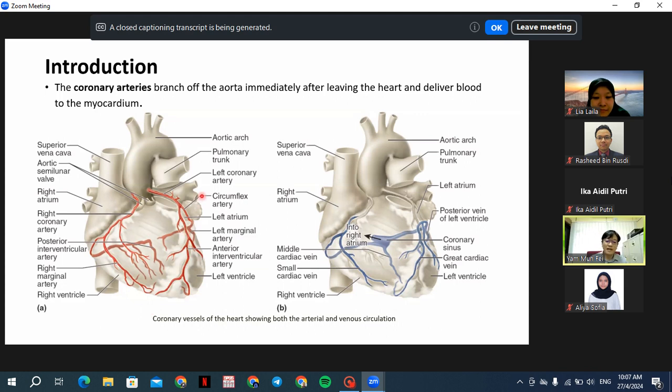In the left picture, the blood vessels in red indicate the arteries. In the right picture, the blue blood vessels indicate veins. I think everyone knows the basic structures and functions of arteries and veins.